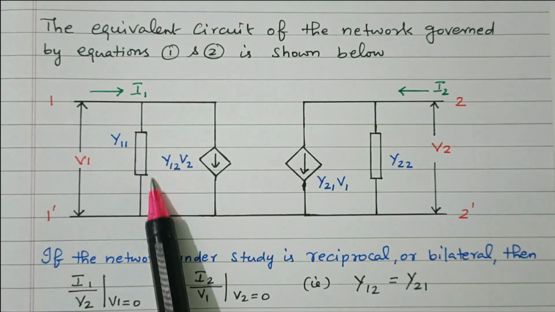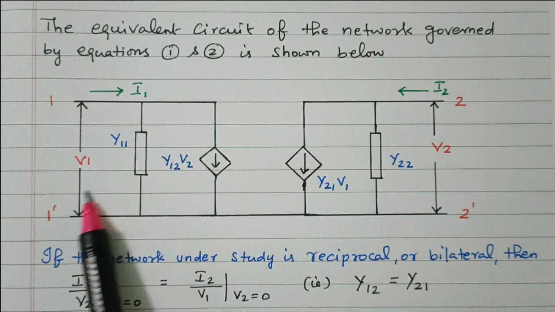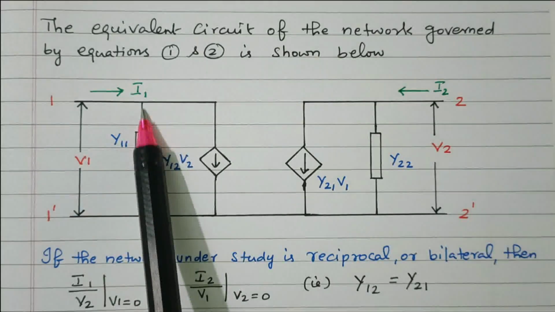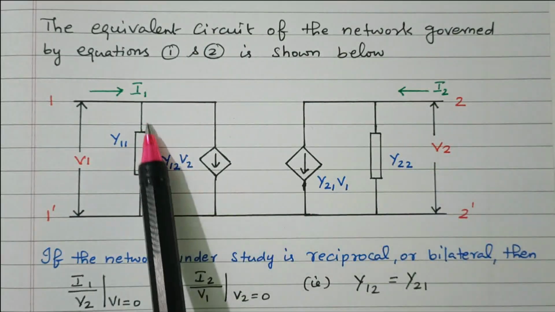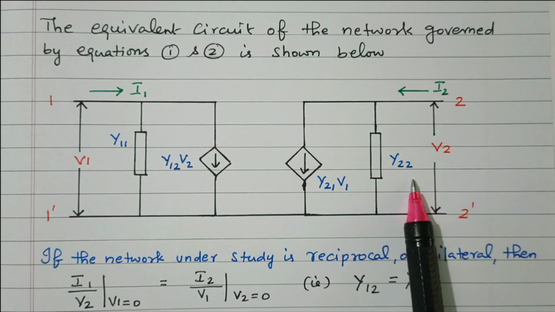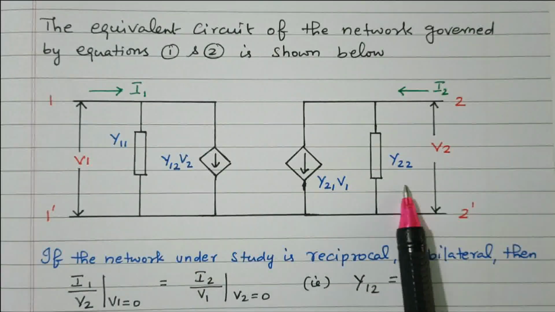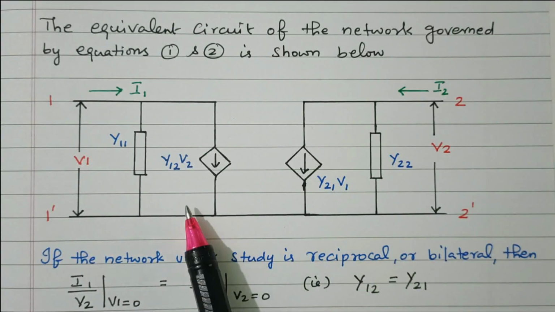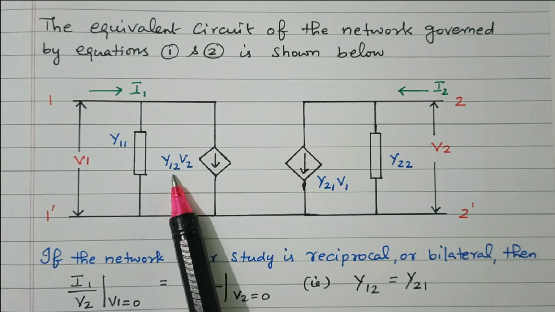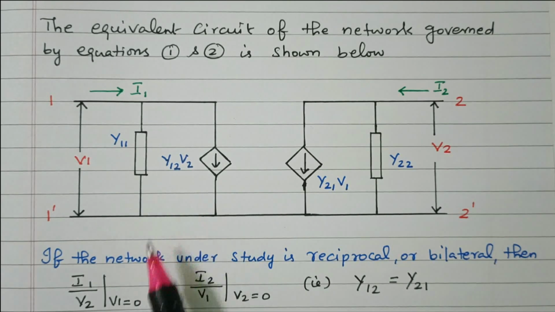So this is called Y11. What is Y11? Short circuit input admittance. The output side is short circuited, so it is the short circuit input admittance. Similarly Y22 is the short circuit output admittance, with the input side short circuited. Then two transfer admittances are available. Y12 into V2: Y12 is the short circuit reverse transfer admittance.